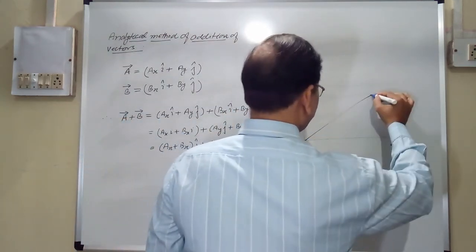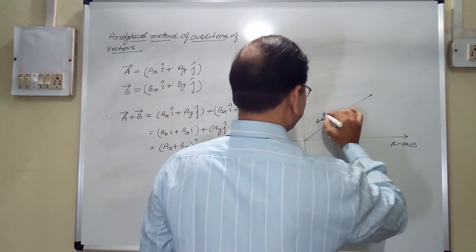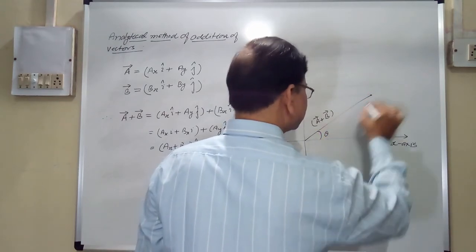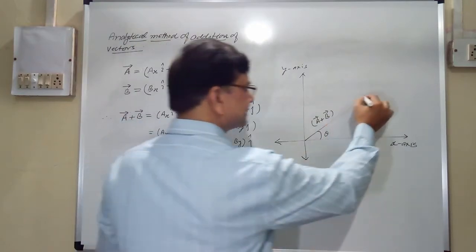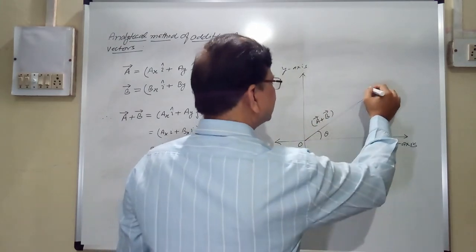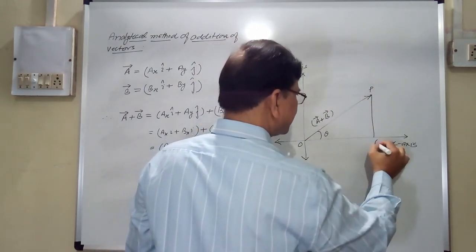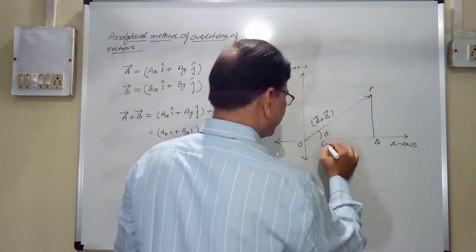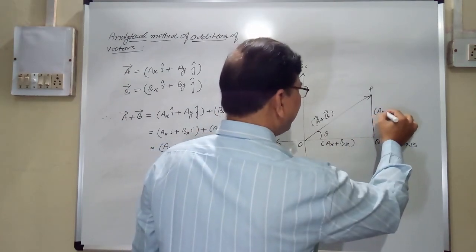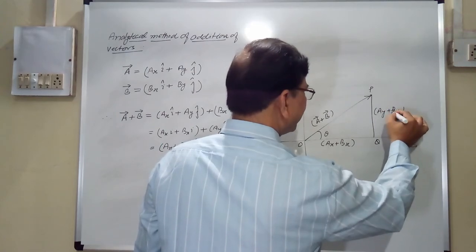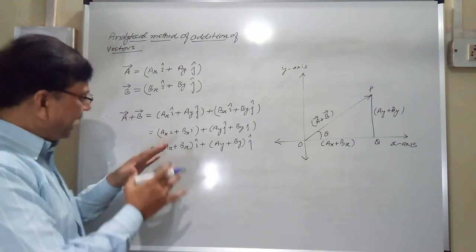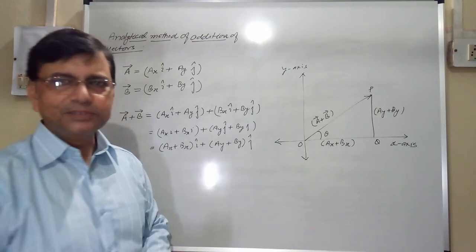Suppose this is the vector A plus B, making an angle theta with the x-axis, and suppose the points are O, P, Q. So OQ is ax plus bx, and here ay plus by, because in the y direction it is ay plus by, in the x direction ax plus bx, and A plus B is represented like this graphically.